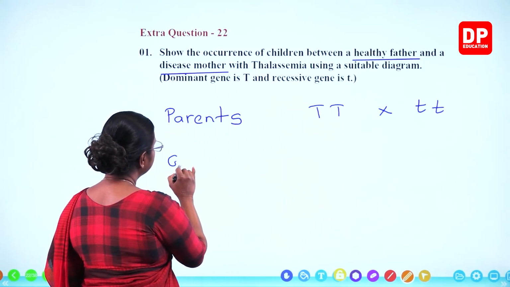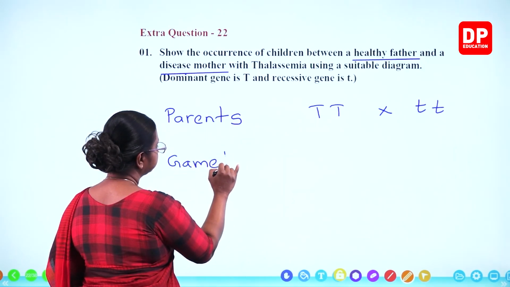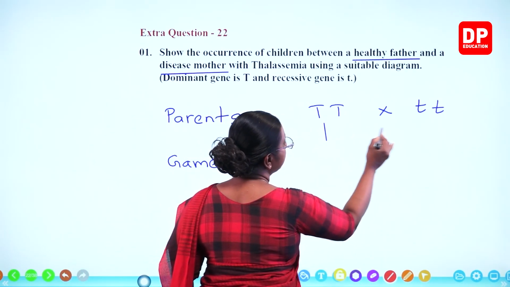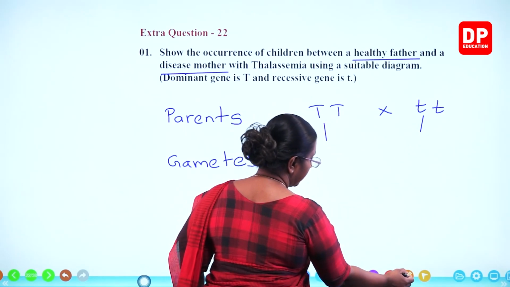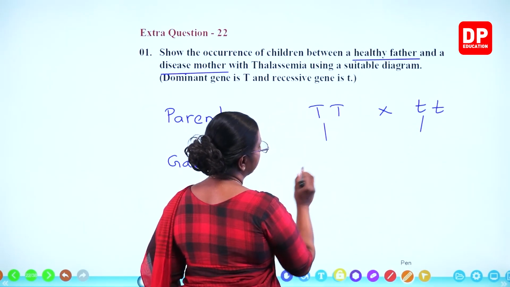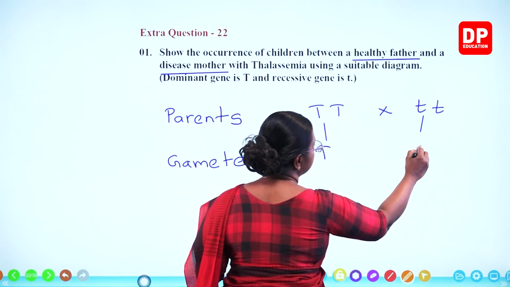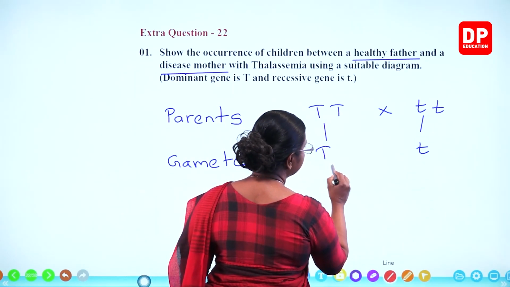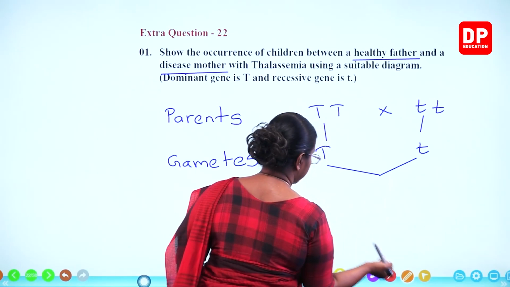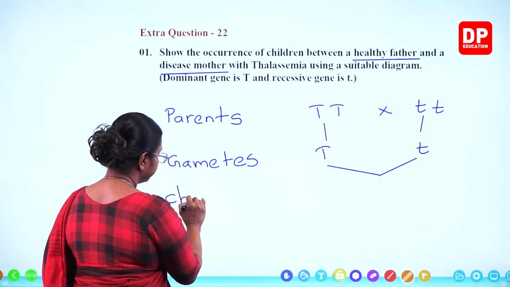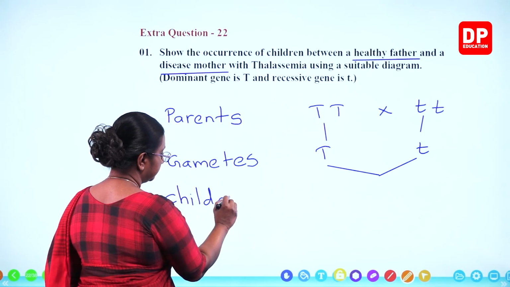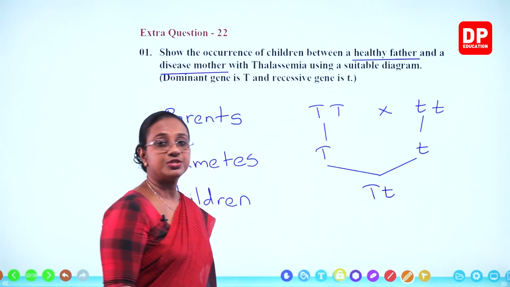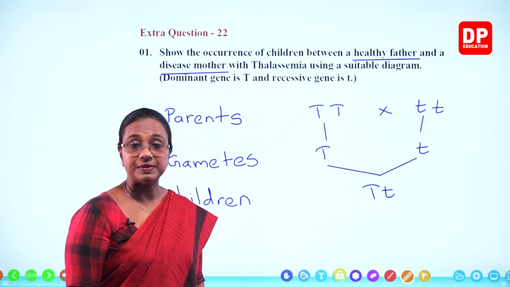So if you get the gametes, it's only one type of gamete because both are homozygous. So here capital T, and this is simple t. And when they combine, the children all are going to be heterozygous. Capital T, simple t.